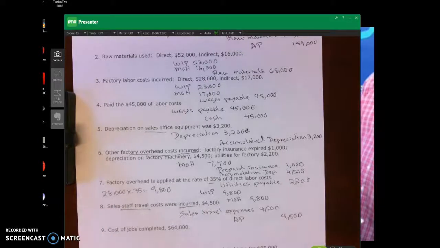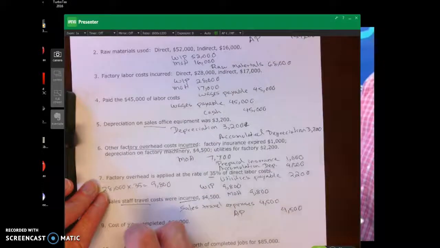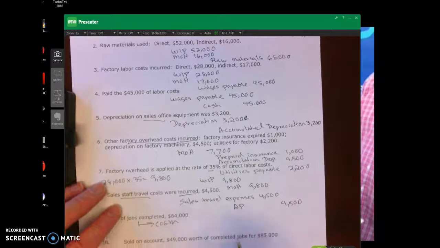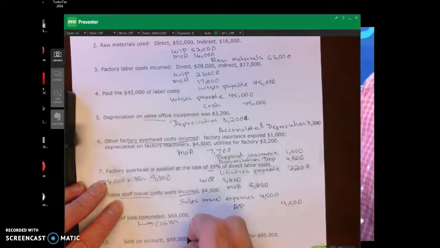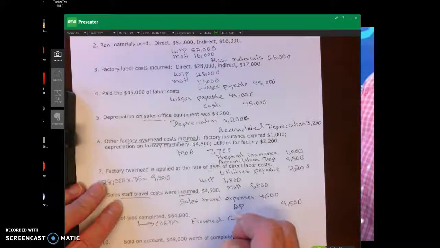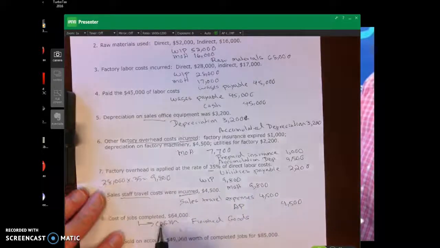Okay? And let's take a look at these last two. Let's say the cost of the jobs completed, $64,000. This is cost of goods manufactured. So the journal entry to recognize cost of goods manufactured is a debit to finished goods, because what we're doing right over here is moving it out of work in process.